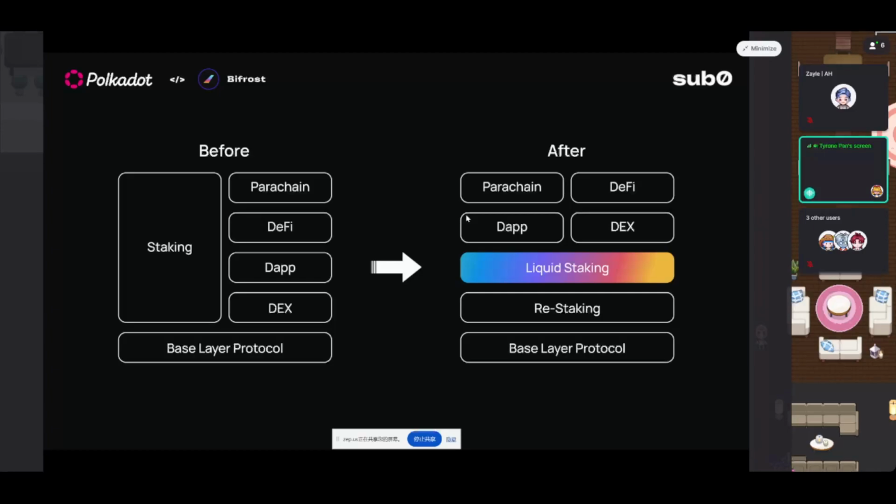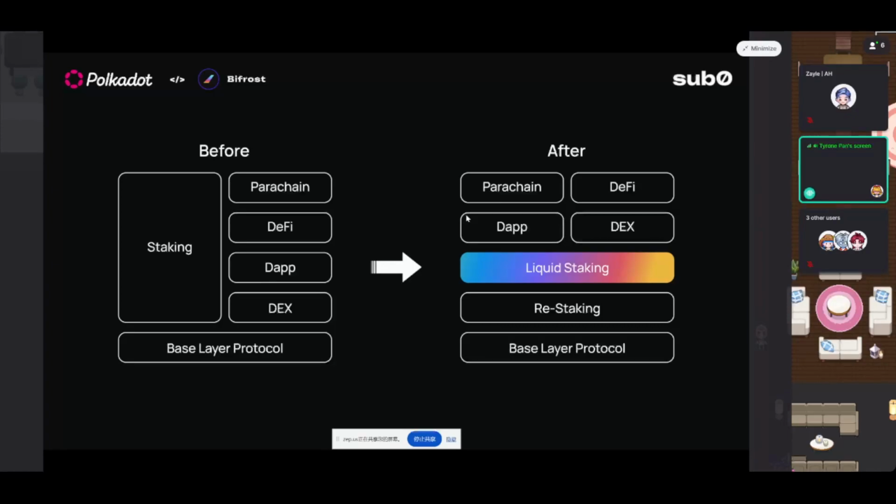And liquid staking is placed at a middle layer between DeFi and other applications in the ecosystem. Before liquid staking, each of the use cases in the crypto world was kind of isolated. Staking is staking, which means if you stake your asset, you have no liquidity to put it in DeFi, dApps, or DEXs.